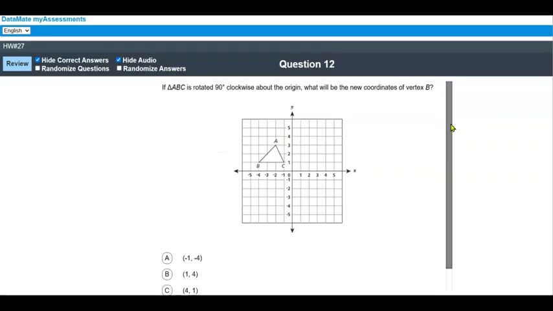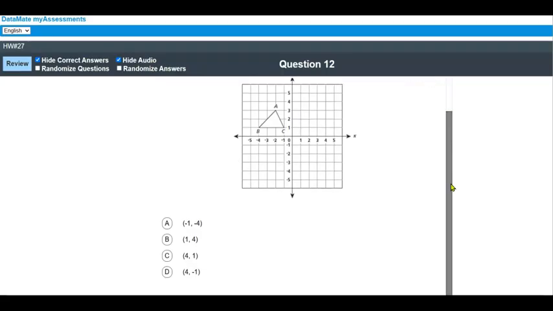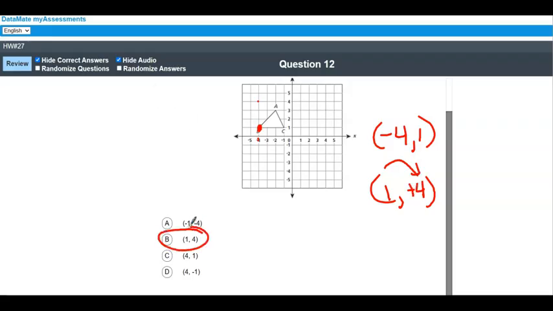Question number 12 asks us what the new coordinate of B will be after we rotate 90 degrees clockwise. 90 degrees clockwise means we swap the points and draw an arrow clockwise and change the sign. So the point will be 1, 4.